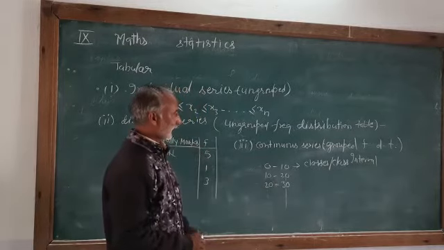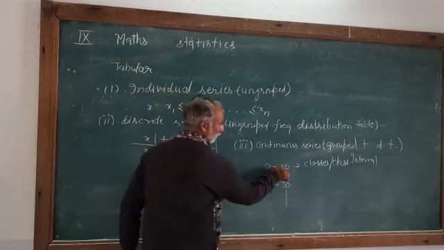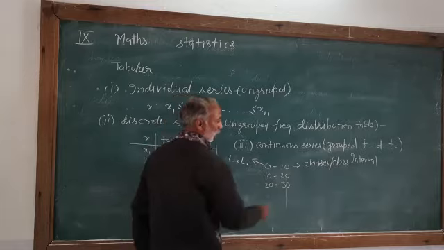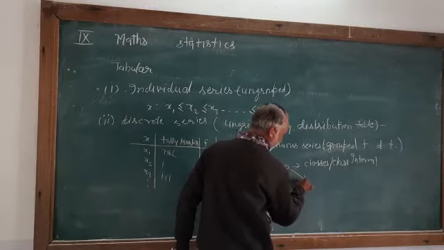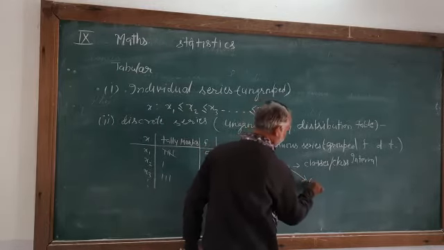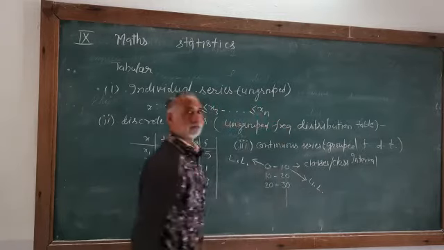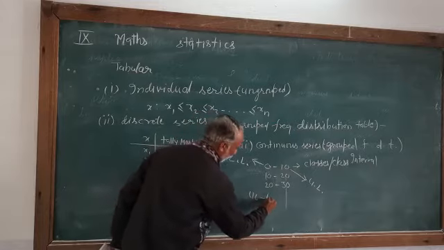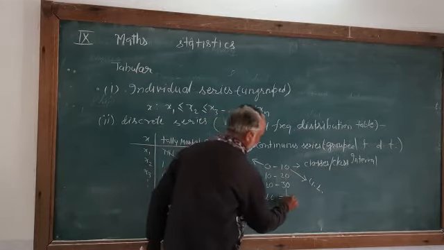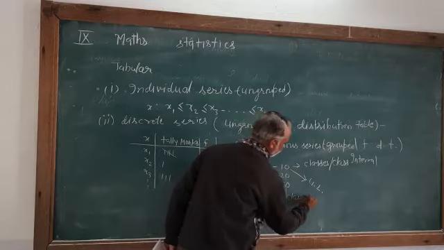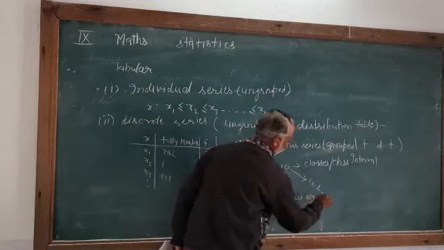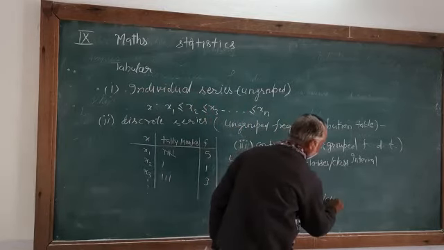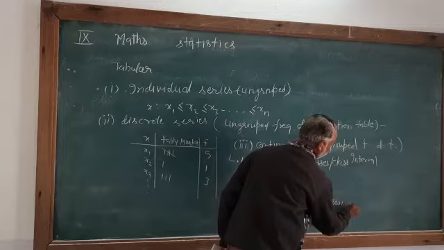In a class interval, the least number out of these two is known as the lower limit, and the highest number is called the upper limit. The difference between upper limit and lower limit is known as class size, which is sometimes also known as class width.